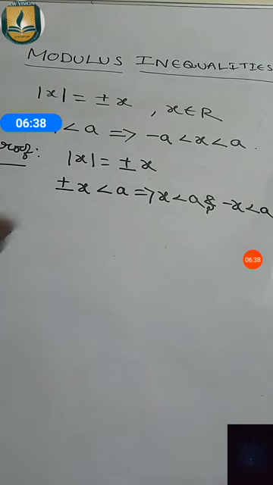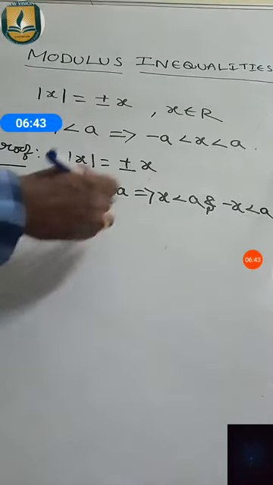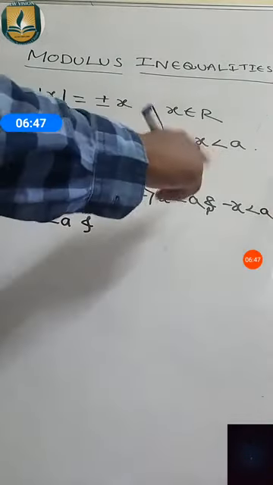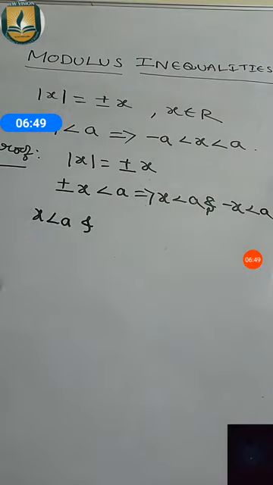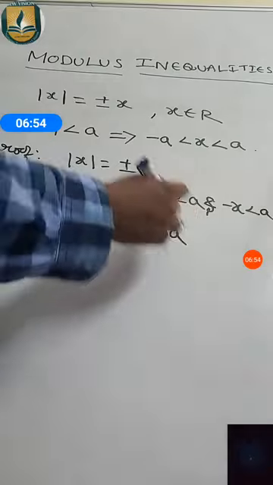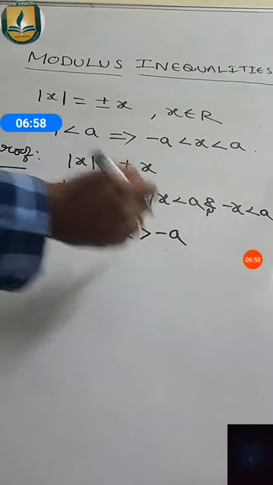If you multiply by minus on both sides of minus x less than a, then you will get x is greater than minus a.